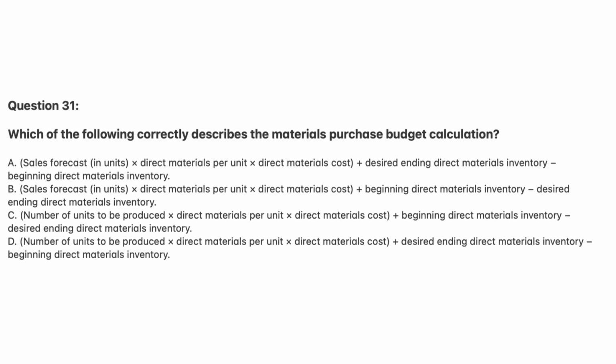C. Number of units to be produced times direct materials per unit times direct materials cost, plus beginning direct materials inventory minus desired ending direct materials inventory. D. Number of units to be produced times direct materials per unit times direct materials cost, plus desired ending direct materials inventory minus beginning direct materials inventory.